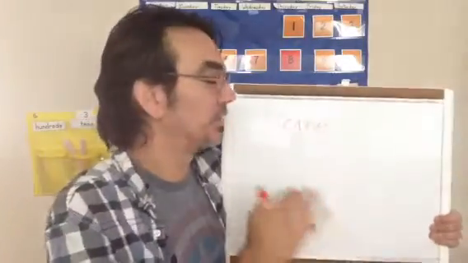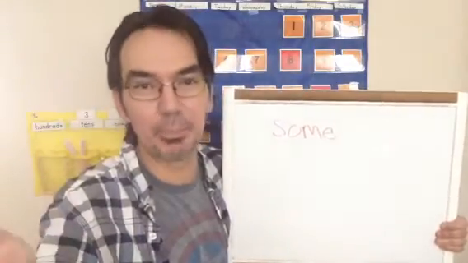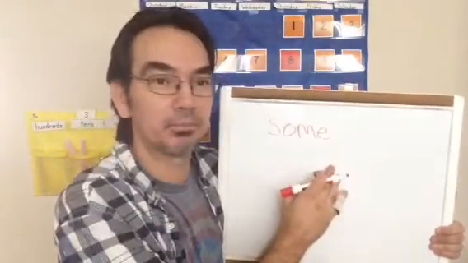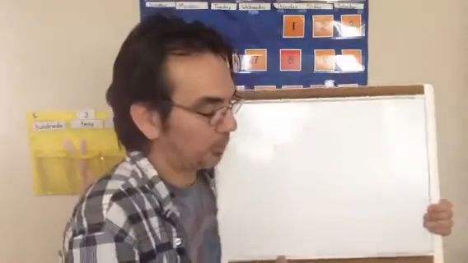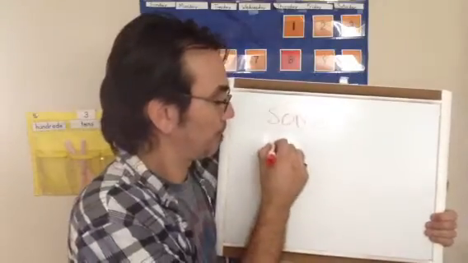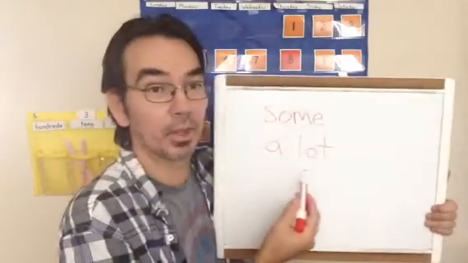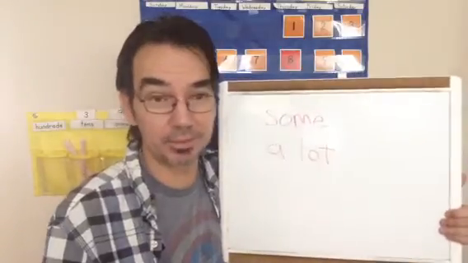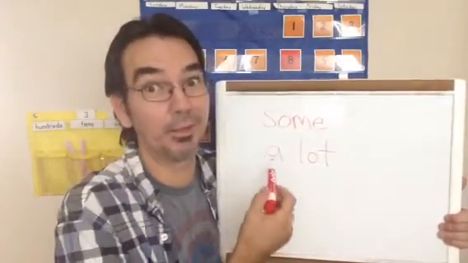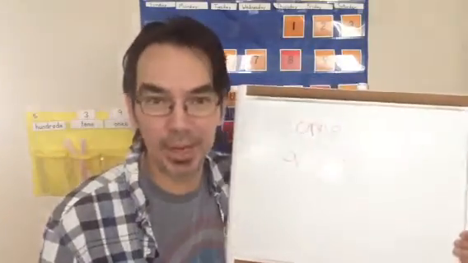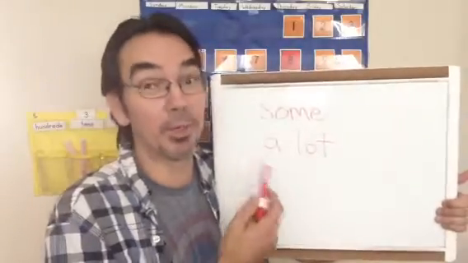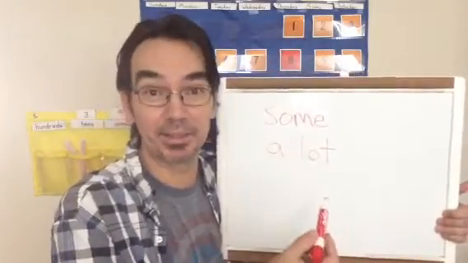So these words will help us describe if we don't have an exact number to give. Some. We also have a lot. How many chips did you eat? A lot. I didn't keep track, I didn't count, but a bunch of them, so I ate a lot.